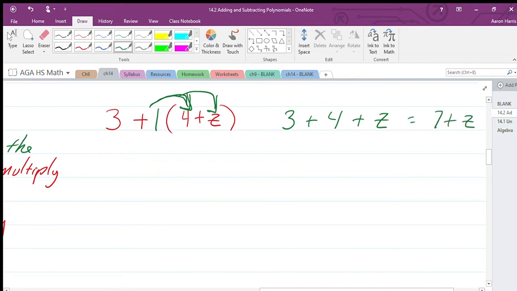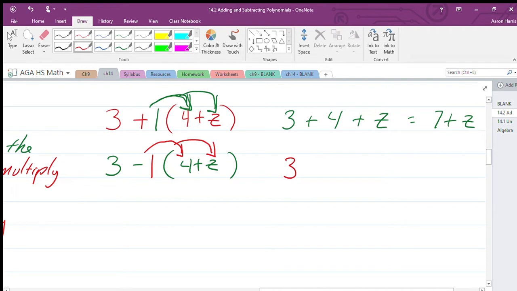And that's real simple. But what if I give you the same exact problem, but I put a negative sign there and say 3 minus the quantity 4 plus z? Again, what number is out in front of this parentheses? It's a negative 1. Now things change. So when I distribute this in, I get 3. That didn't change. Well, now this says negative 1 times 4.